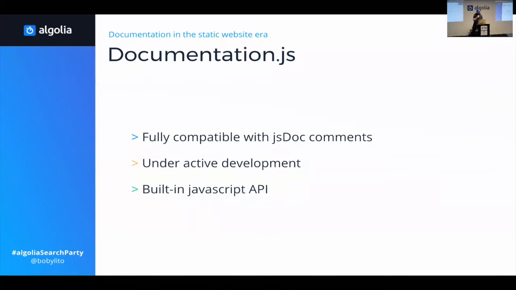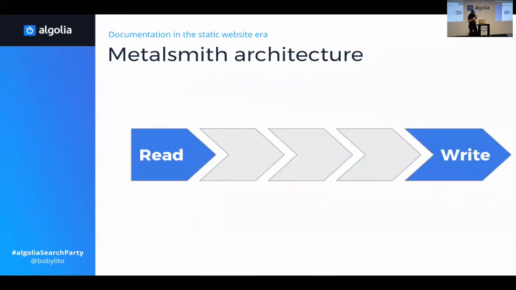Let's have a look at the Metalsmith architecture in order to understand how we do the integration. Metalsmith is responsible for only two things: reading the source files and writing the files at the end. In the middle, you have plugins, which are responsible for different modifications.